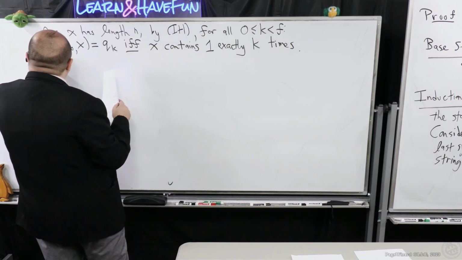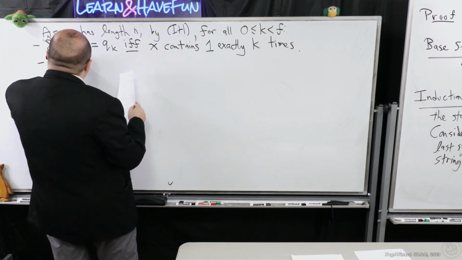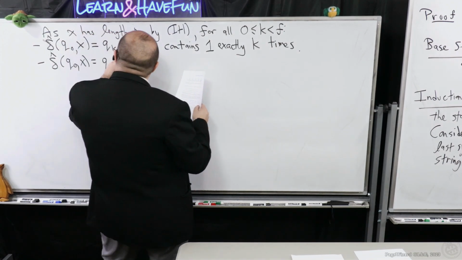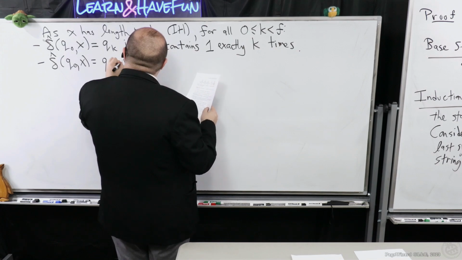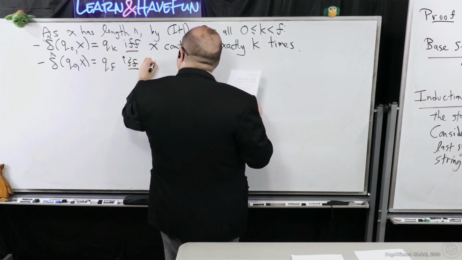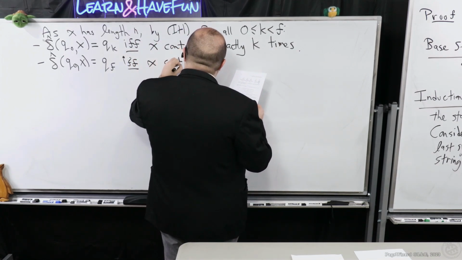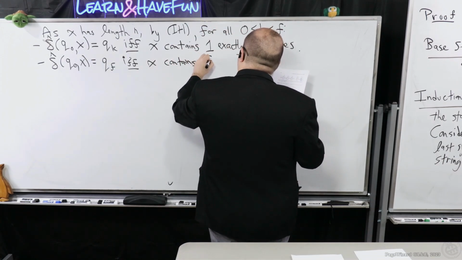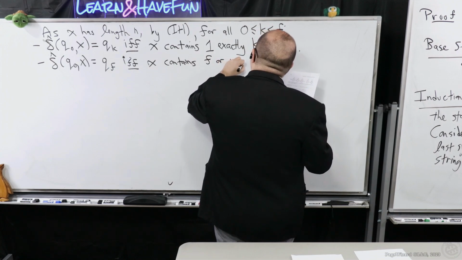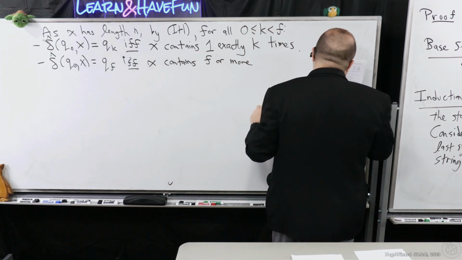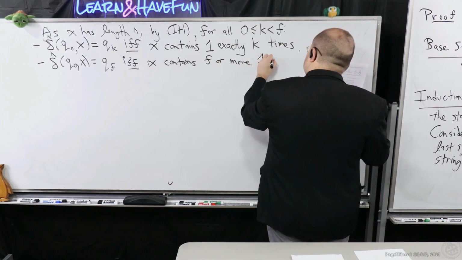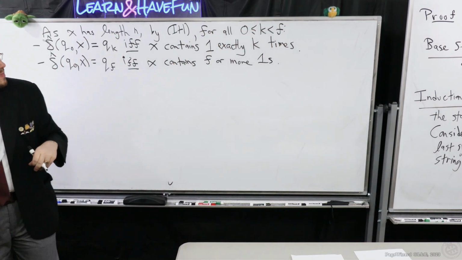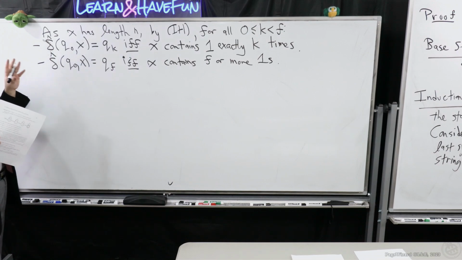And delta hat q0 x is equal to qf if and only if x contains f or more ones. So at least f ones. So this is what we get from the induction hypothesis.